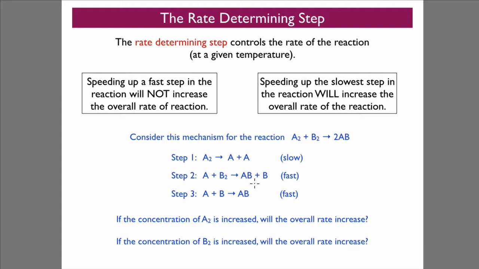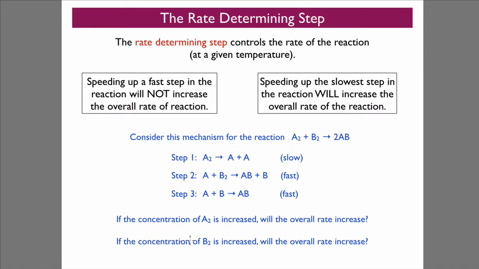If the concentration of A2 is increased, will the overall rate increase? Well, if we look at what we've just written down up here, if you increase the concentration of this, then yes, we know increased concentration increases the rate of reaction, and since this is the slow part, increasing the rate of the slow part will increase the overall rate of reaction.